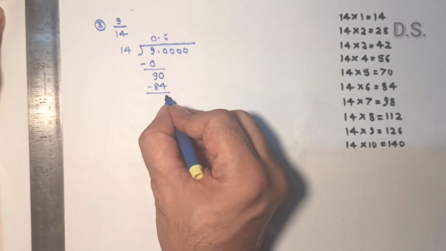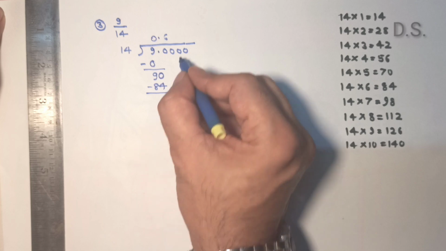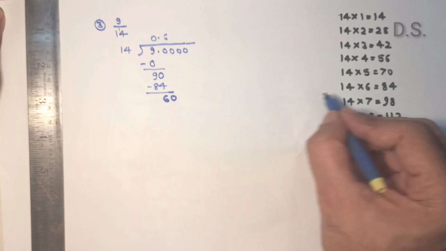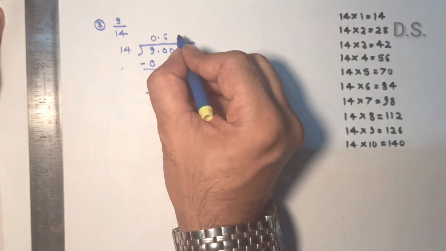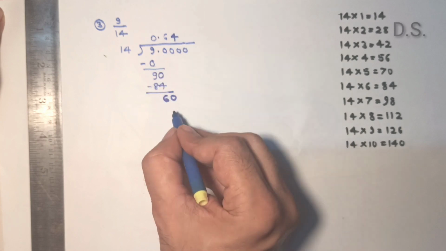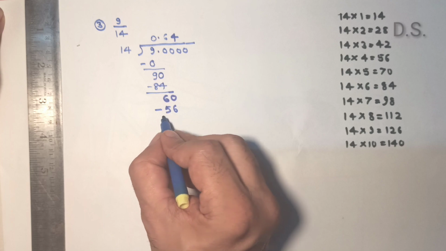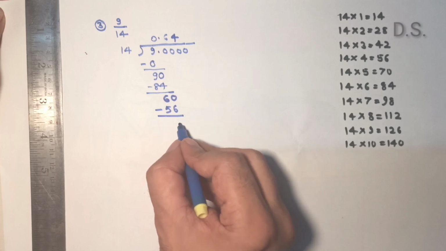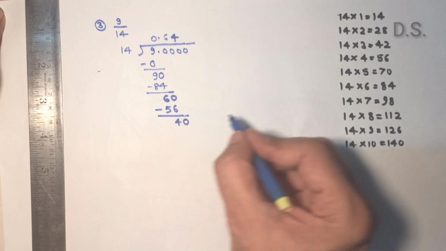You will get 6, and with the 0 it becomes 60. 14 4s are 56, so it will go 4 times. Write 56 here and subtract. You will get 4, and this 0 becomes 40.